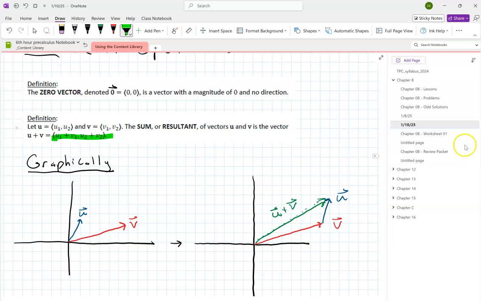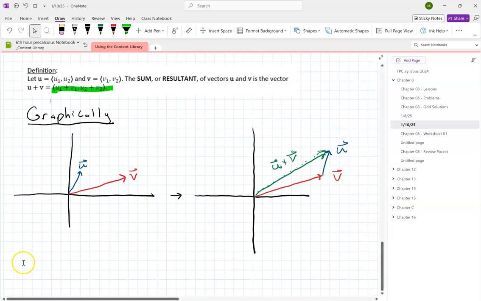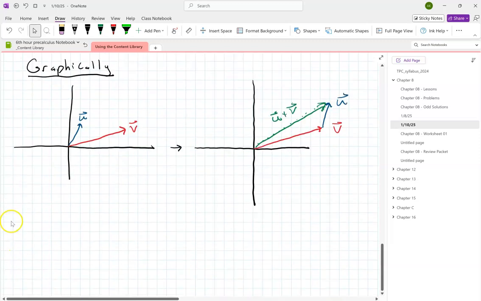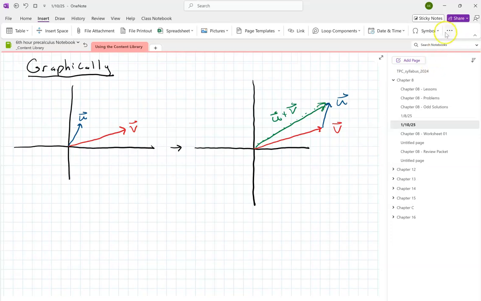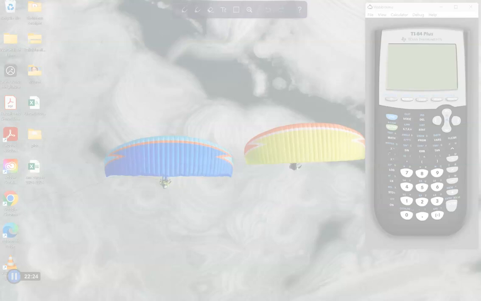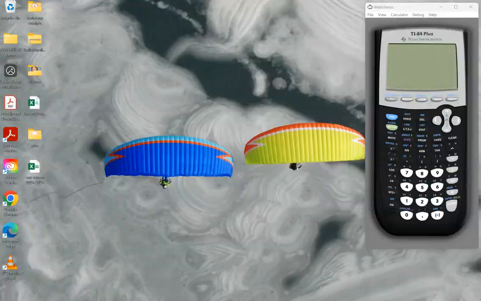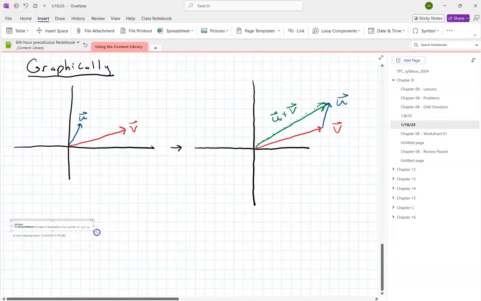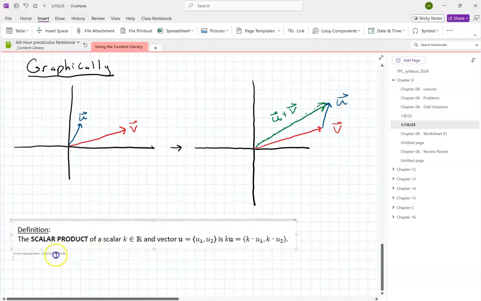All right. Our next vector operation is called scalar multiplication. It turns out that there is not multiplication between vectors, but what we can do is we can multiply a vector with a number.